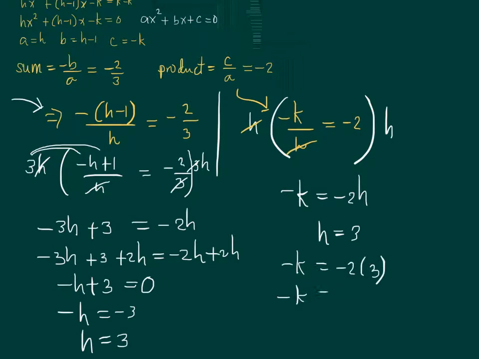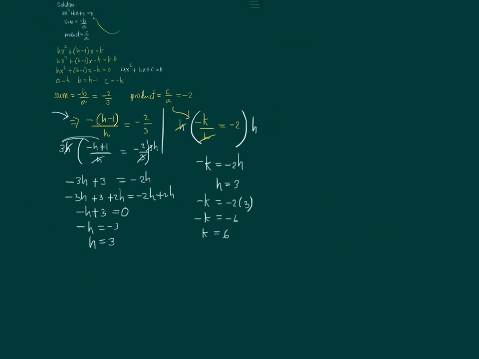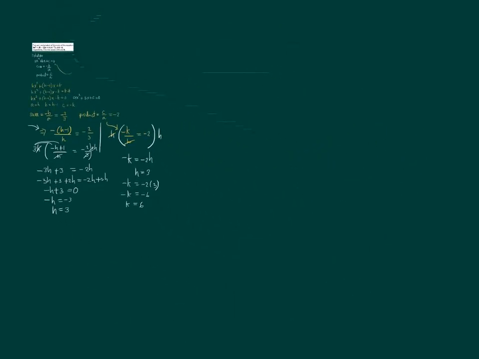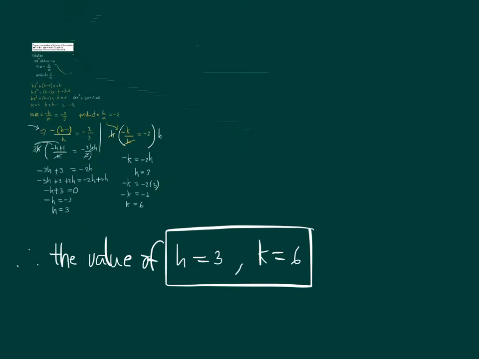So negative k must be equal to negative 6, so k must be equal to 6. So therefore, the value of h is equal to 3 and the value of k is equal to 6. So these are the answers.